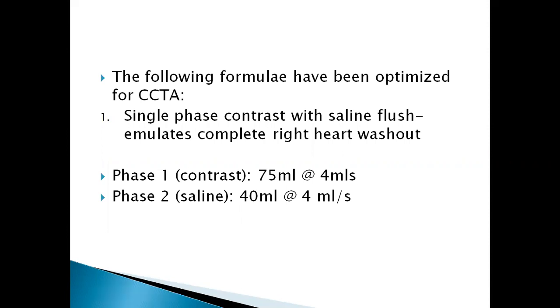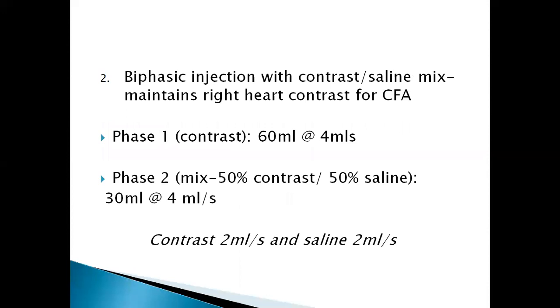This is what most departments do. However, there's another way, which is biphasic, where you inject contrast first at 4 mils per second, and then in the second phase, you inject contrast and normal saline in equal volumes.